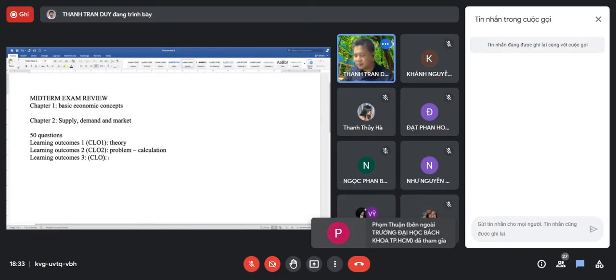CLO3, and this one will be the ability to analyze, mostly analyze and evaluate.